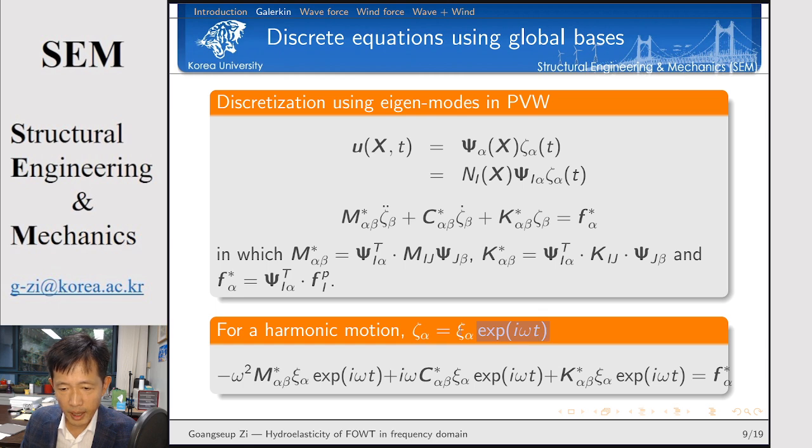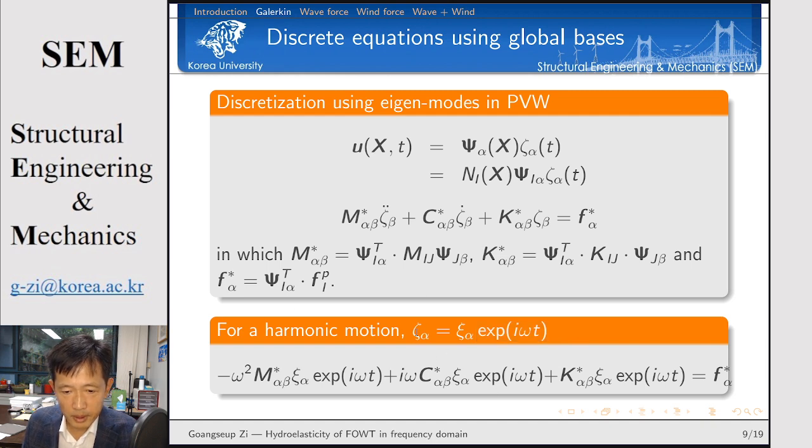C alpha has only the phase shift and the magnitude of the modal displacement, and here the exponential i omega t has the harmonic motion behavior.